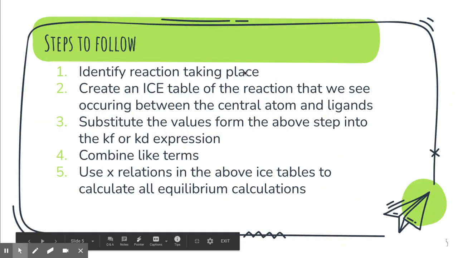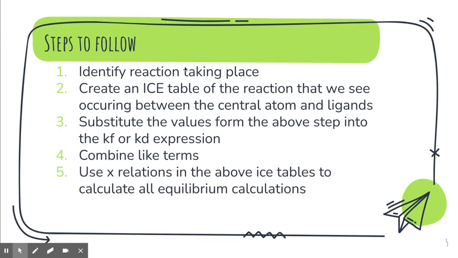Here are some good steps to follow. First, we have to identify the reaction taking place. This is very important because it will define everything that we do afterwards. After that, we create an ICE table of the reaction occurring between the central atom and the ligands.